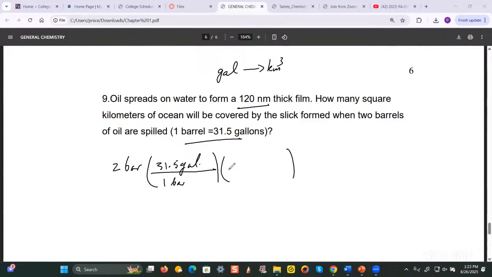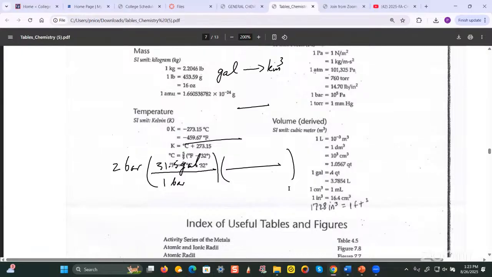So that means I more than likely have to do a series of conversion factors. Let me go to the table. Okay, let's see, gallon. The only thing I see here is 1 gallon is equal to 3.7854 liters.